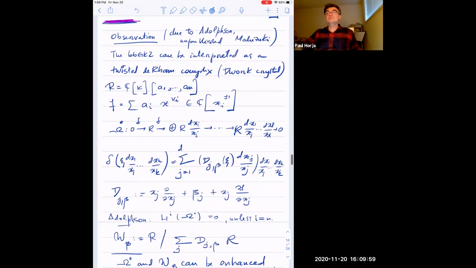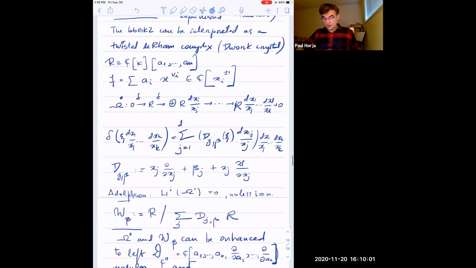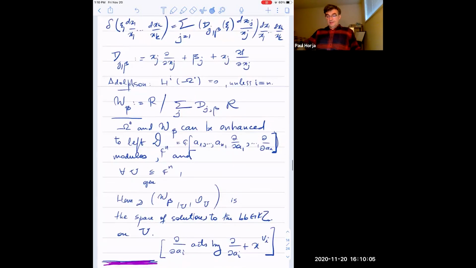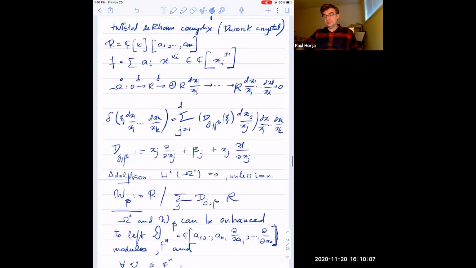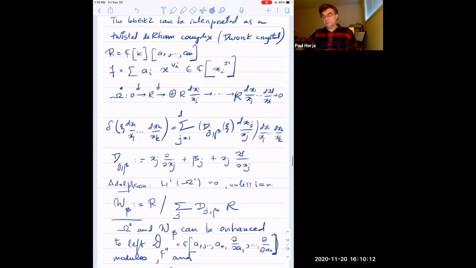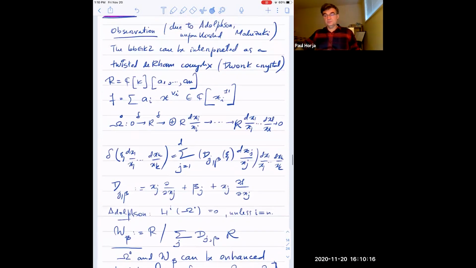I was just quickly going to mention something which has an interpretation in terms of the wave filtration and mixed Hodge theory.